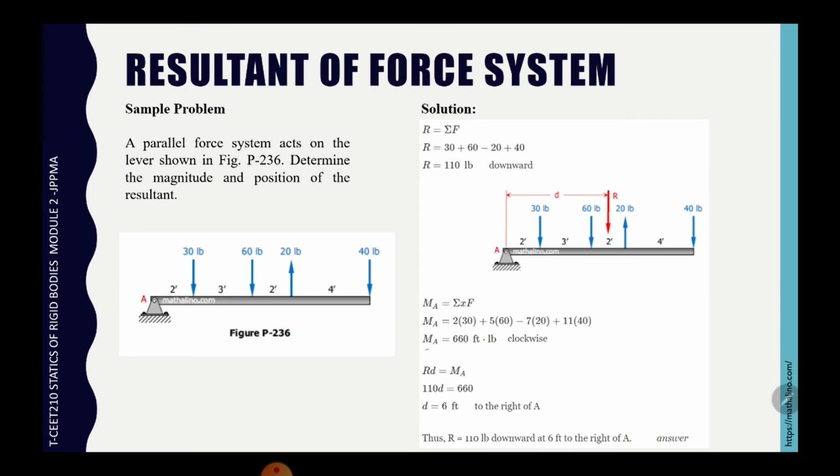Yan, meron dito si MA 660 feet pounds and T is equal to 6 feet from A. Yan, from point A. Dito, 6 feet. So, kung ito ay 5 feet, dito siya more likely. Yan, si R. Diyan, si resultant, and this is the distance.